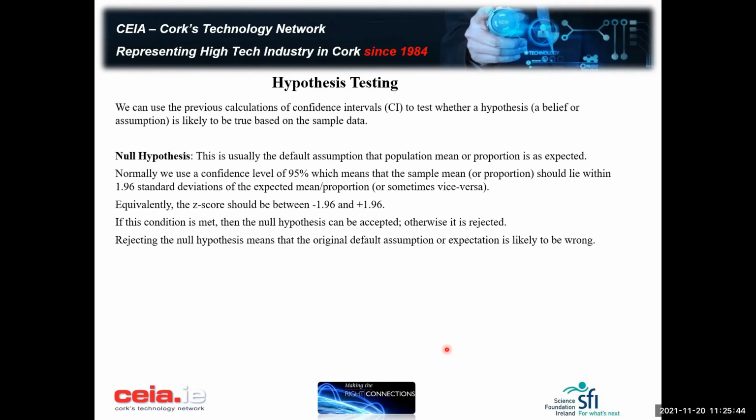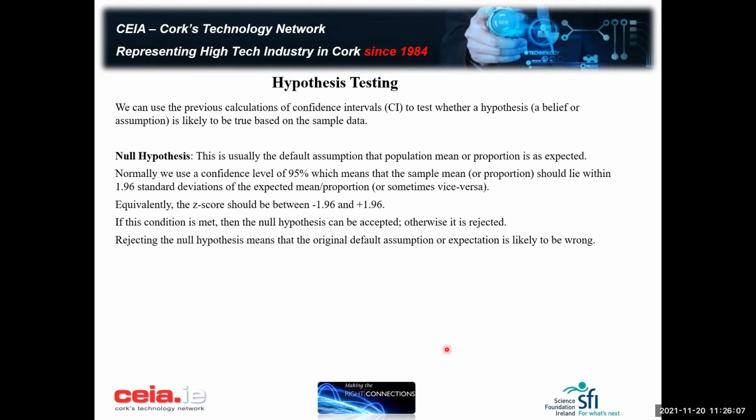Normally you'd use a 95% confidence interval, which means that the sample mean or the sample proportion should be within 1.96 standard deviations of the expected mean or the expected proportion. Again, that's just the empirical rule.